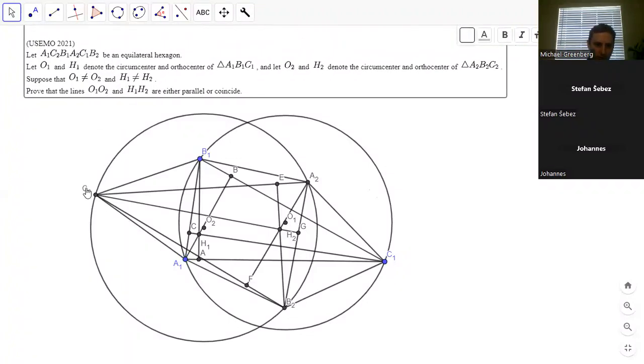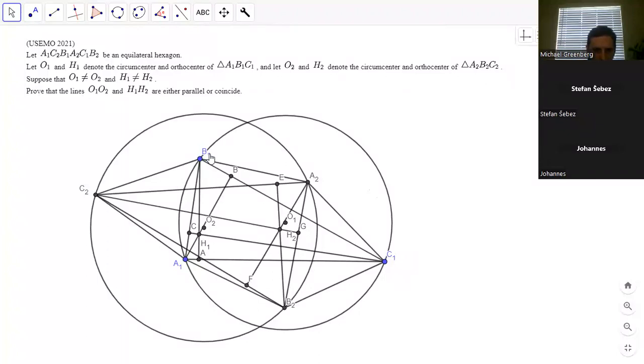But okay. I mean, obviously O1 O2 is perpendicular to this segment.